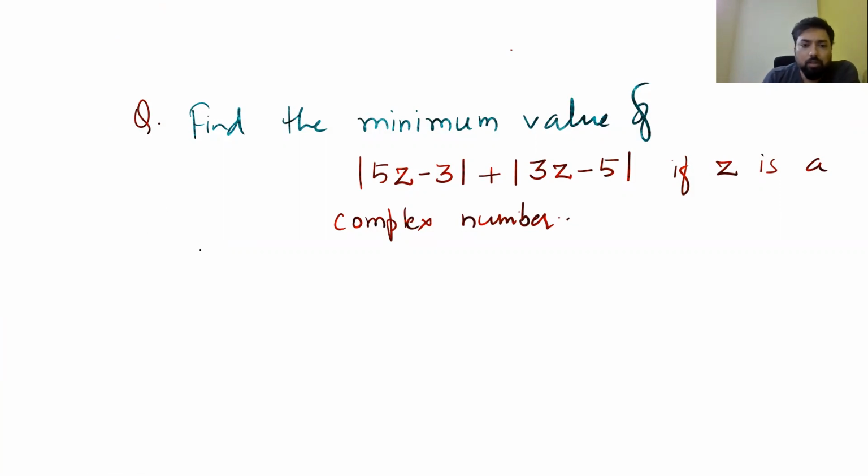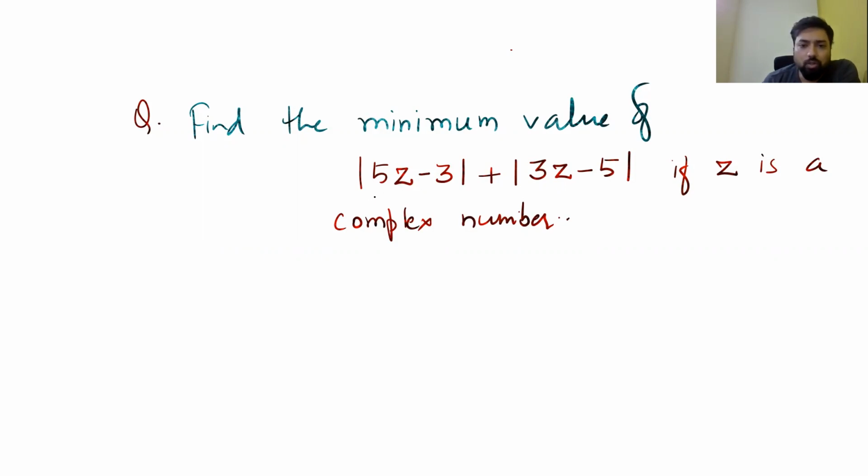Okay. So for this particular question, what we can do is take 5 common from here, since the coefficient of z is 5, and take 3 common from here, since the coefficient of z is 3.